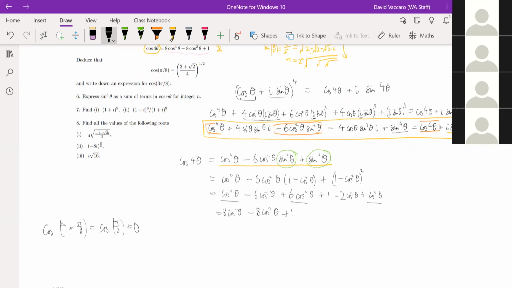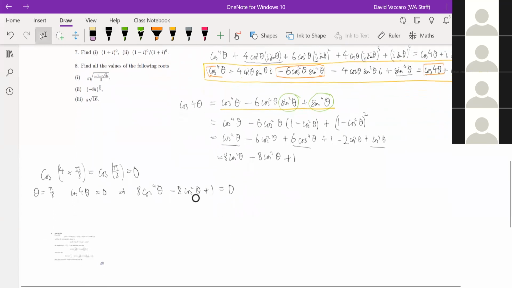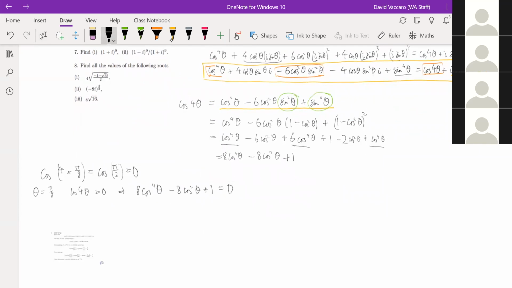So if theta equals pi over 8, then cos 4 theta is 0, which implies that 8 cos 4 theta minus 8 cos squared theta plus 1 is equal to 0. But what we have here is a quadratic in cos squared theta, which I can solve using the quadratic formula.